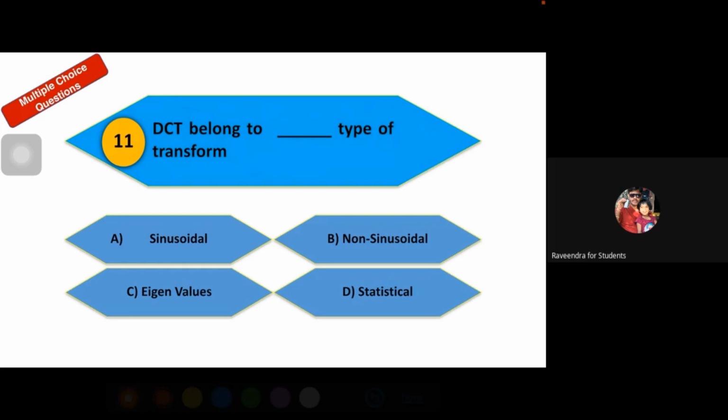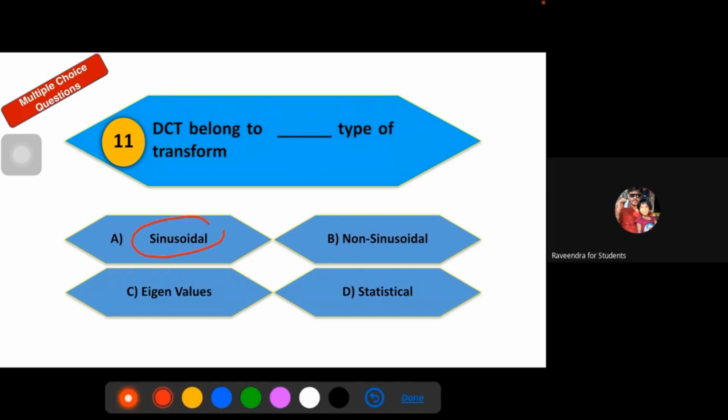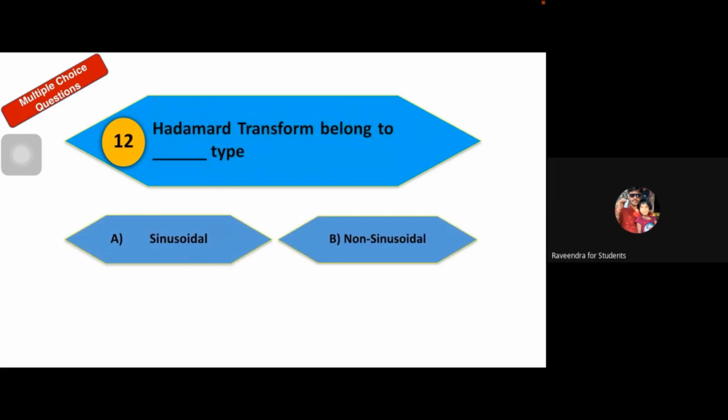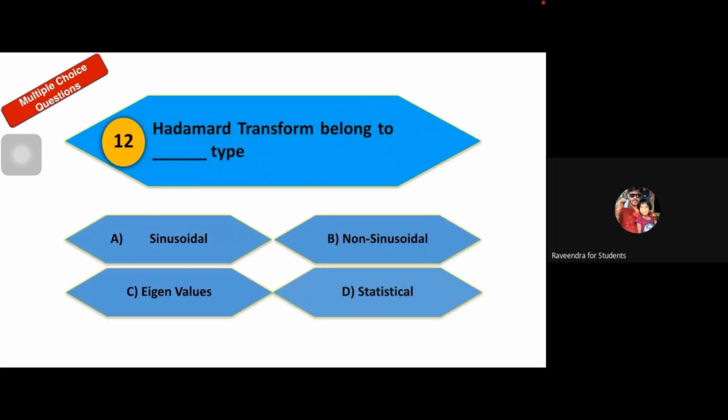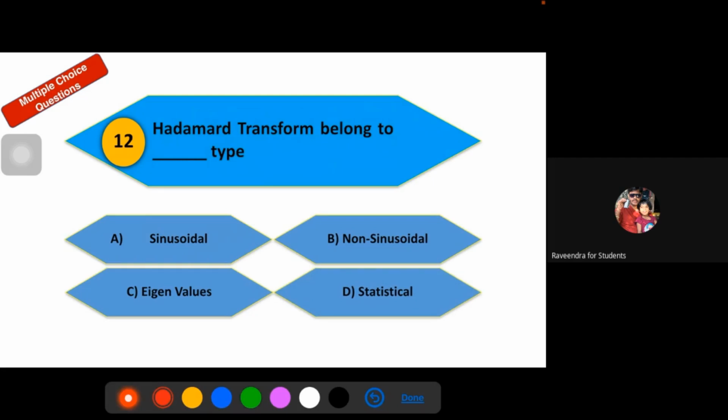So cosine and sine we will consider both of the same category, that is sinusoidal. Right? And 12th, Hadamard transform belongs to dash type. So Hadamard and Walsh both are binary coefficient matrices. So therefore, it also belongs to the non-sinusoidal type.